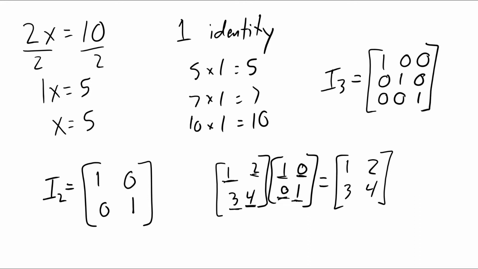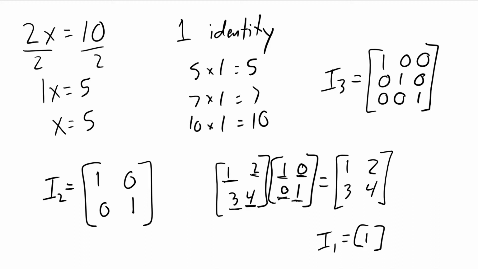What they all have in common is a diagonal of 1s that goes from top left to bottom right and zeros everywhere else. There's also a 1 by 1 identity matrix, I1, and it is just the number 1. So that is the matrix identity.